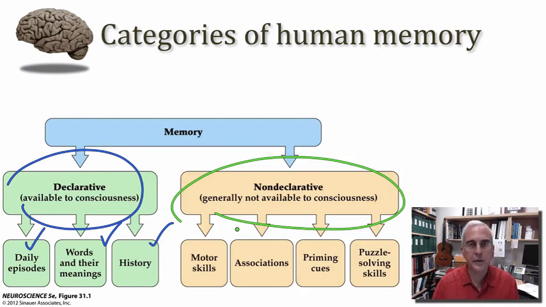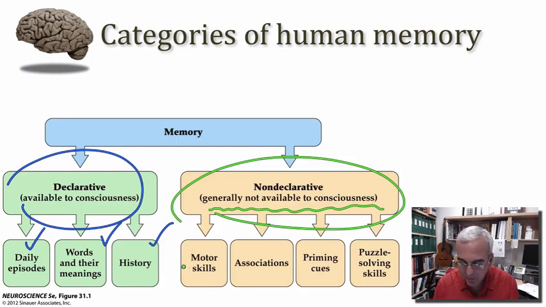But I think it's helpful to just make this broad point that it's important to differentiate from declarative memory these other forms of memory. These are forms of memory that, generally speaking, are not available to consciousness. That is, it's much more difficult to access our lexicon, to put our semantic labels upon the content of this memory.